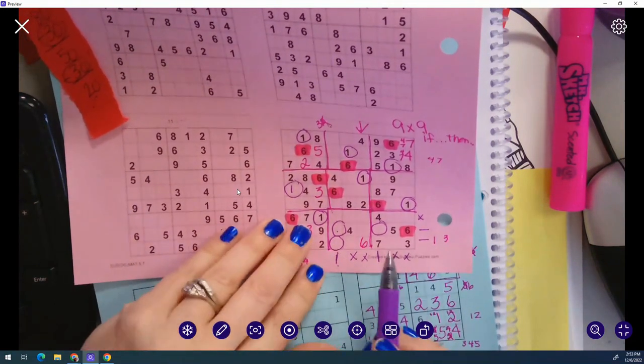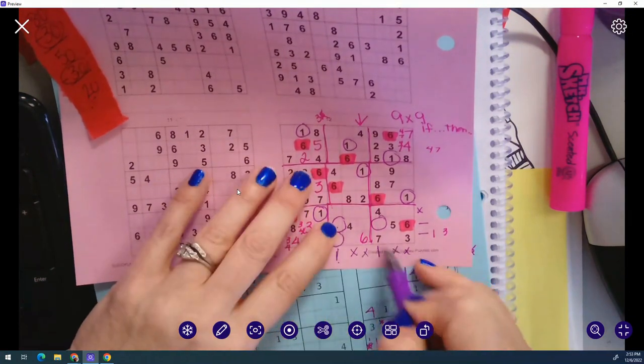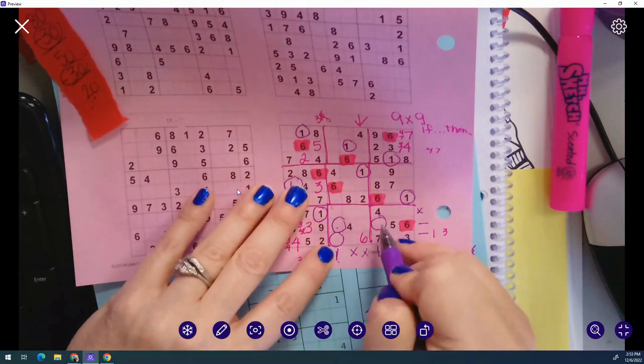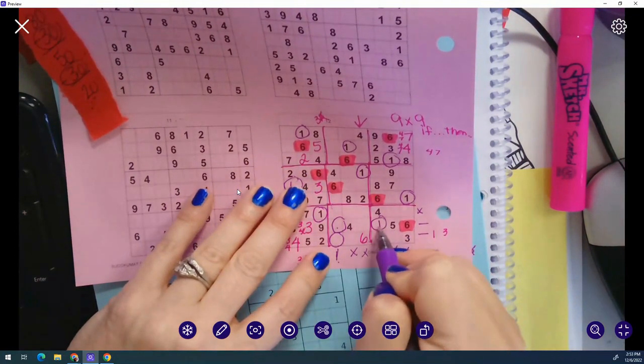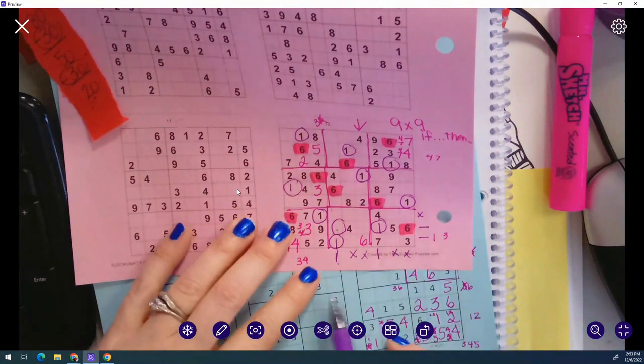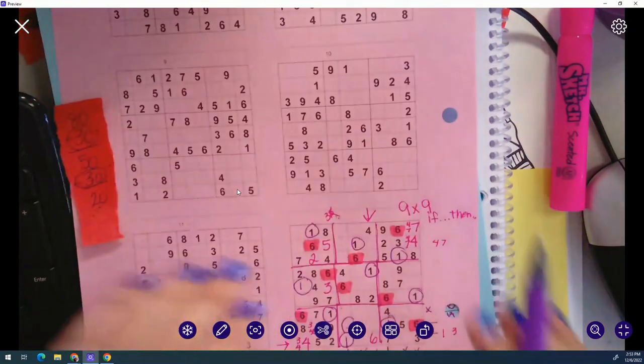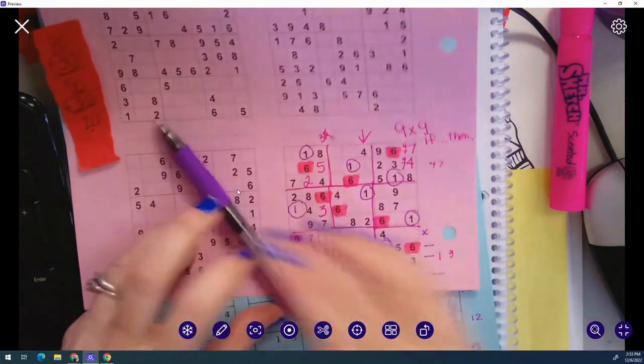So those are my 3 places to put a 1. Now, if I put a 1 here, there's no place I can put a 1 here. So my 1 has to go here. And if this is a 1, this is not a 1, which means this is the 1. And just by looking at digits, we were able to place the 1. So that is another more advanced strategy.